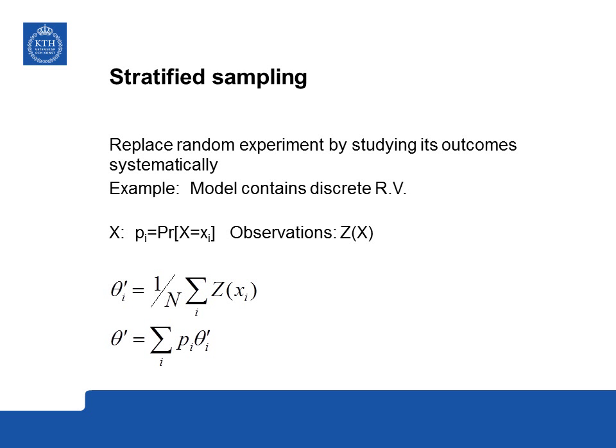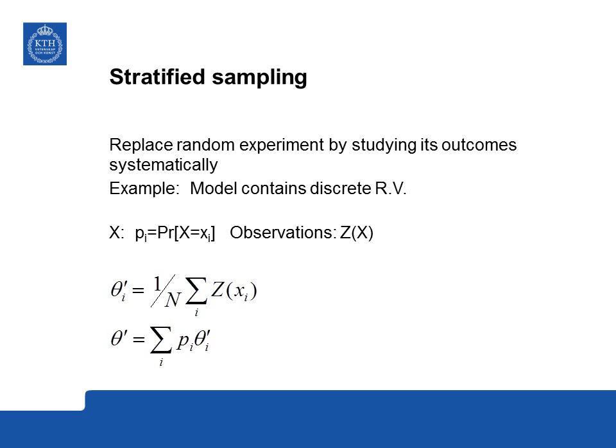Then we have observations z of x, and it turns out that if we condition on x and make separate estimates theta' i for each of the different x i's, we can get much lower variance than looking at z directly.